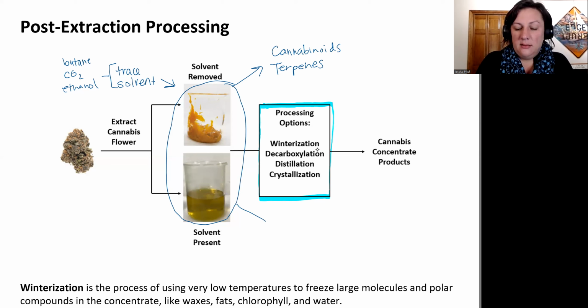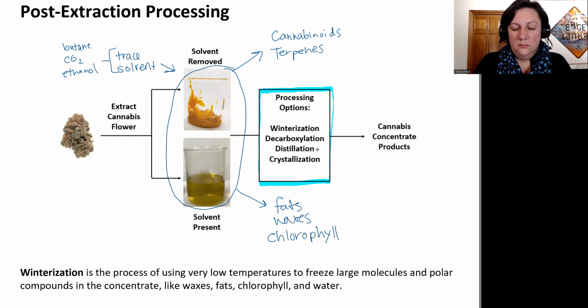These are going to be things like our fats and our waxes, chlorophyll, and that's going to be the chlorophyll will give it a green color if it's looking at very green. Otherwise, it'll look more like yellow or golden. But there'll also be different amounts depending on your extraction technique of flavonoids, especially if you are extracting out into ethanol.